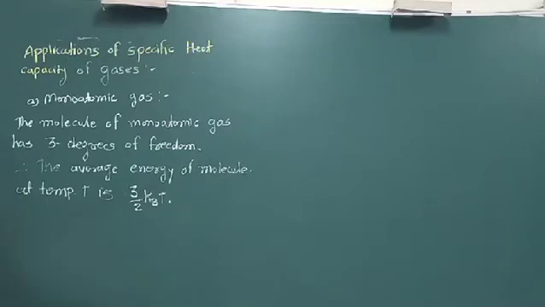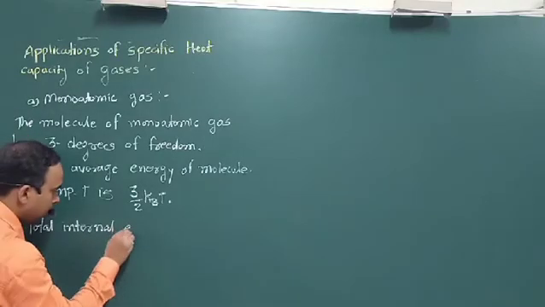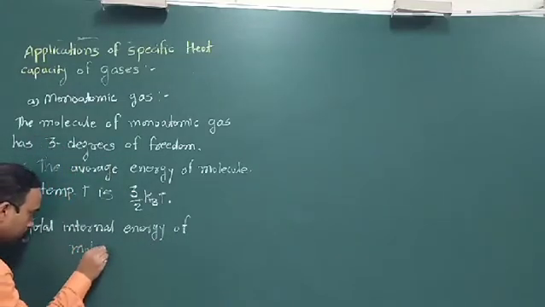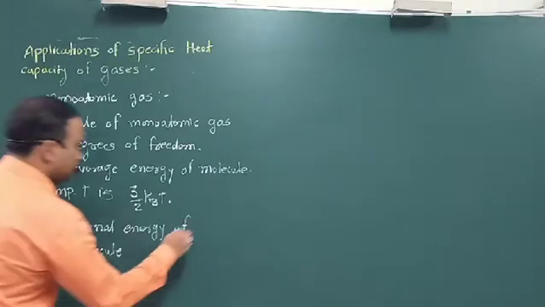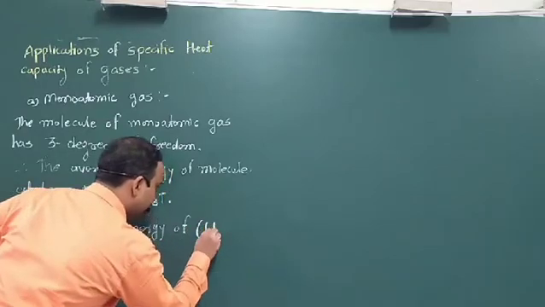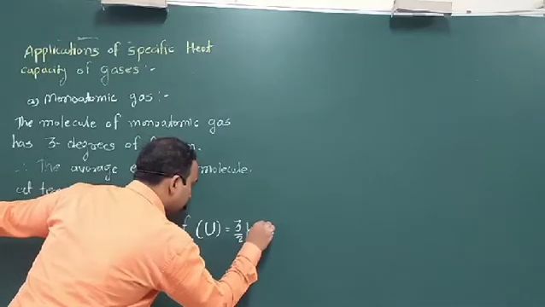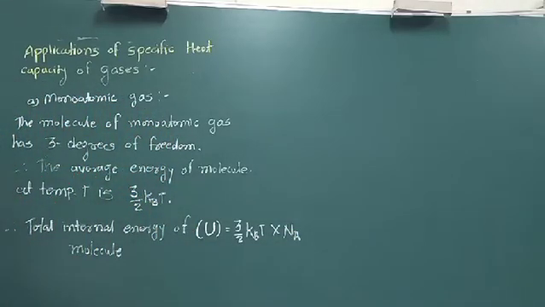Therefore, the total internal energy of molecule, which is denoted by capital U, is equal to 3/2 kBT into Na. Na means Avogadro's number.